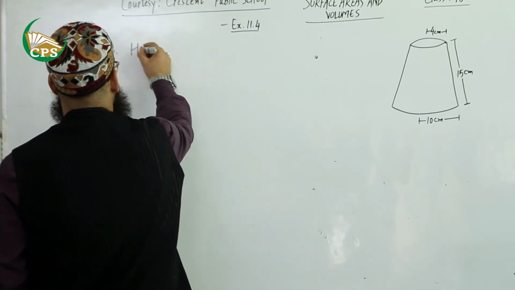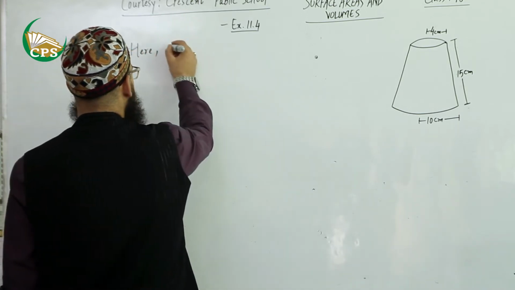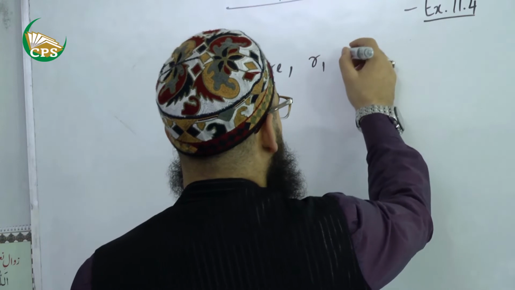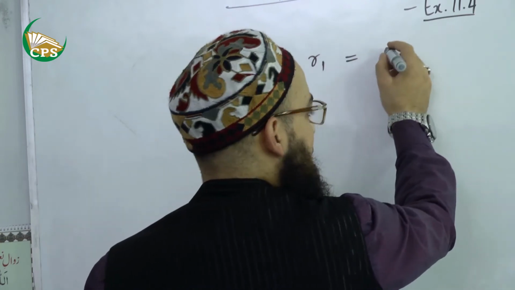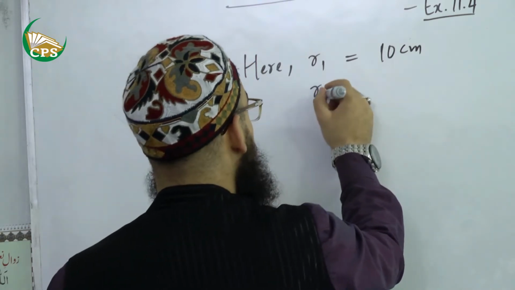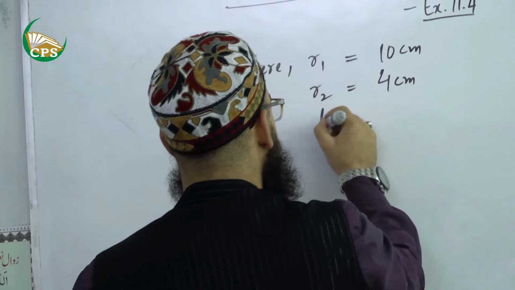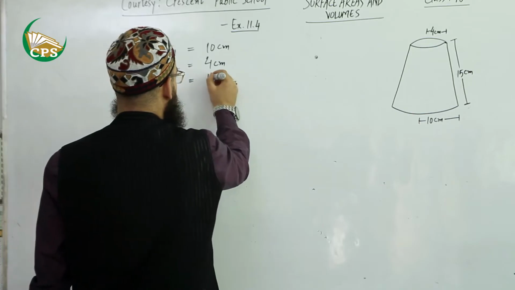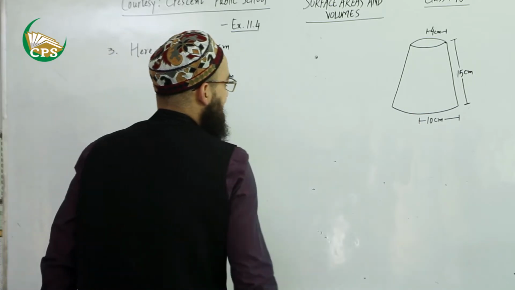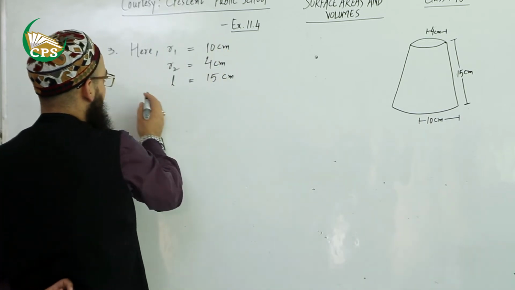Let us start here. R1 is equal to 10 centimeter. Then R2 is equal to 4 centimeter. Slant height is 15 centimeter. Got it?